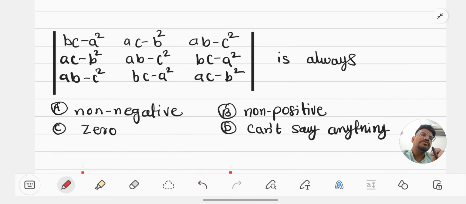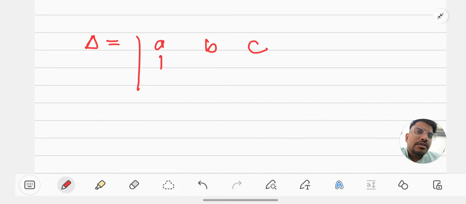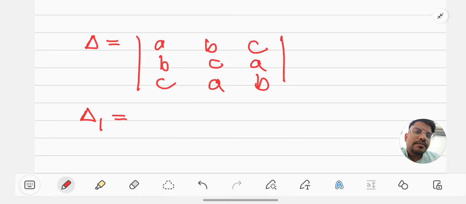So when do we solve such smaller determinants? When we are trying to find out the cofactors of a particular element of a determinant. Now imagine these are alphabetical elements, always A, B, C, B, C, A, C, A, B. I'll just show you one thing. Suppose I have a determinant delta which is formed by A, B, C, B, C, A and C, A, B. And suppose I have one more determinant delta 1 which is formed by the corresponding cofactors.